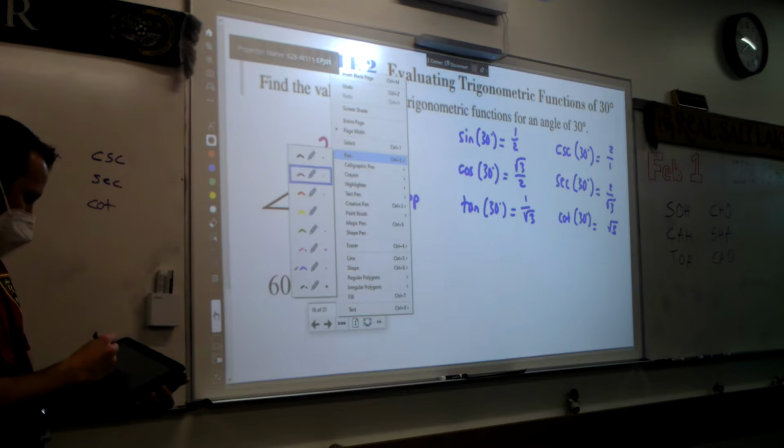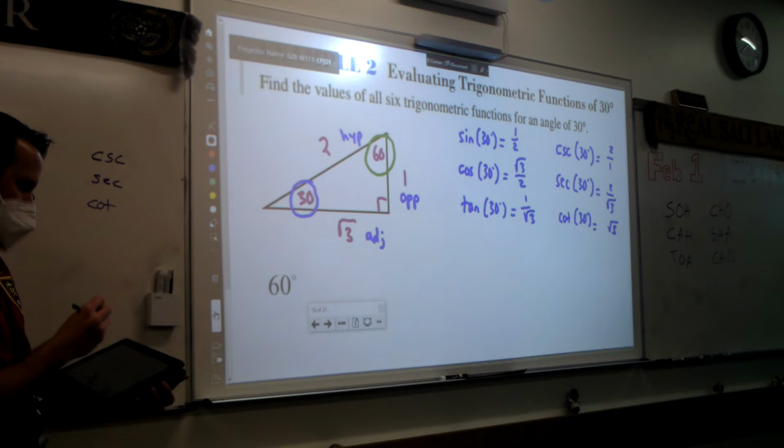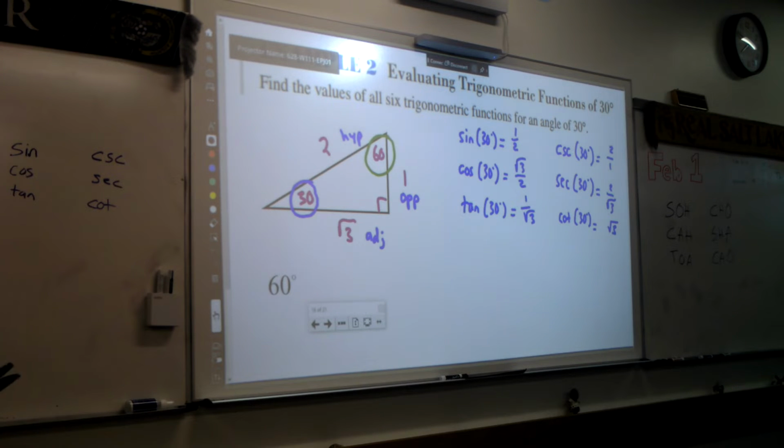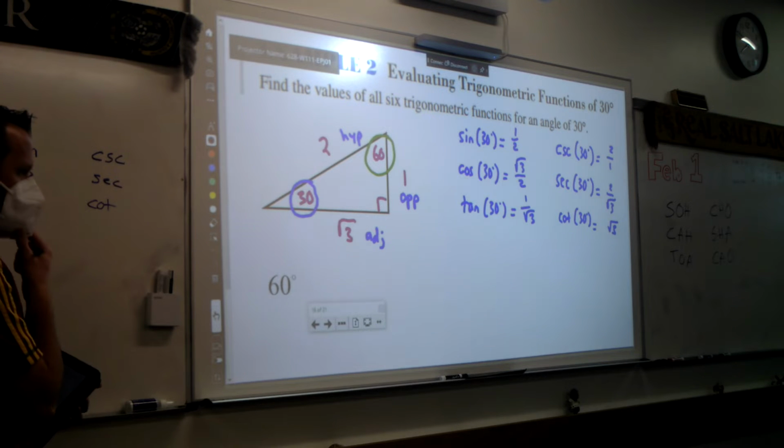Okay? Now, good job. That was 30 degrees. We're going to do one more with 60 degrees now. So I'm going to change this so we're focused on 60. All right. So then how does that change our sides? Let's go to Natalie. How would I change my sides now for opposite, adjacent, hypotenuse if I'm looking from 60's perspective?